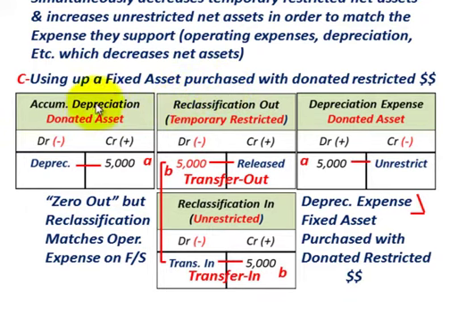So just remember, whenever you're recognizing some expense based on donated restricted assets, or for whatever purpose the donor specifies, in order to do that you have to reclassify your temporarily restricted assets out, reduce them in that fund asset account, and then increase your reclassification in, transferring it into the unrestricted assets.